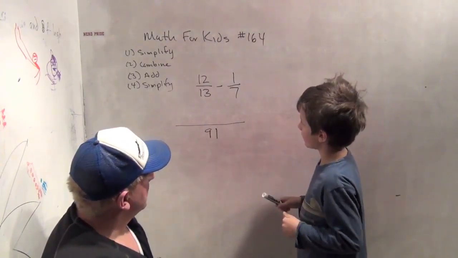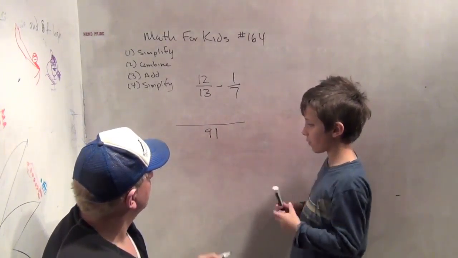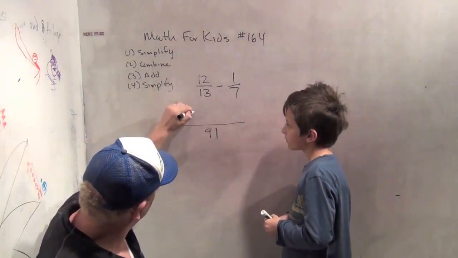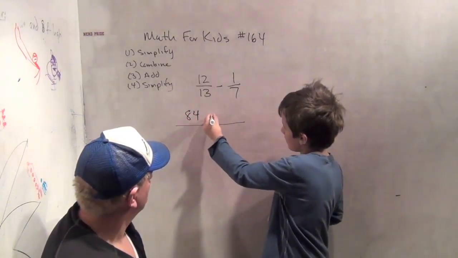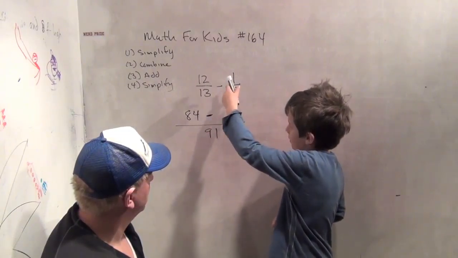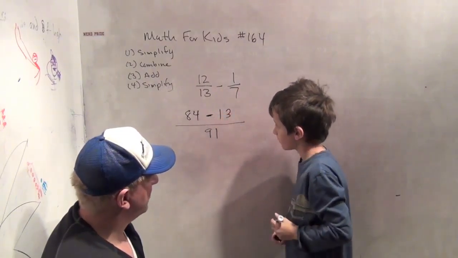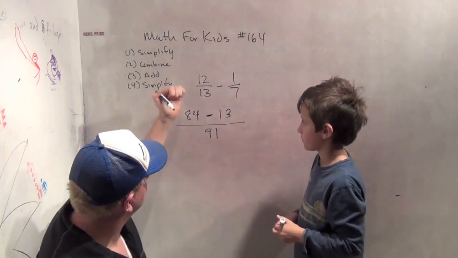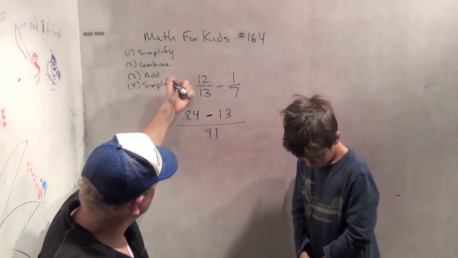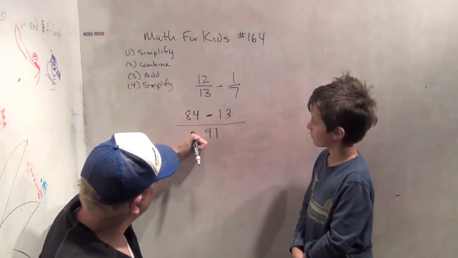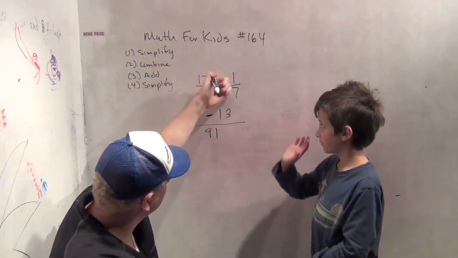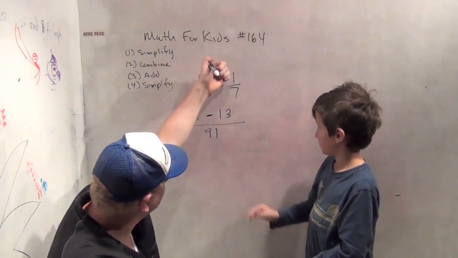And 12 times 7 is 70 plus 14, which is 84. So I get an 84 minus 13 over 91, because when I multiply 12/13 by 7 over 7, I get 84 over 91. And when I multiply 1/7 by 13 over 13, I get 13 over 91.